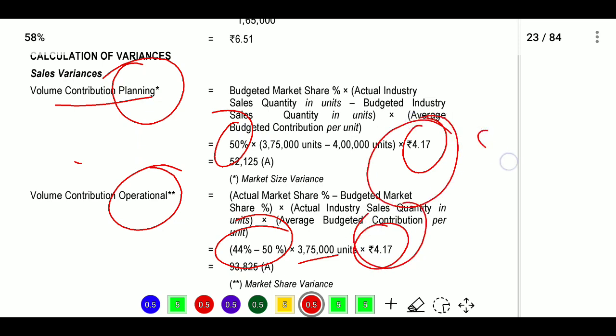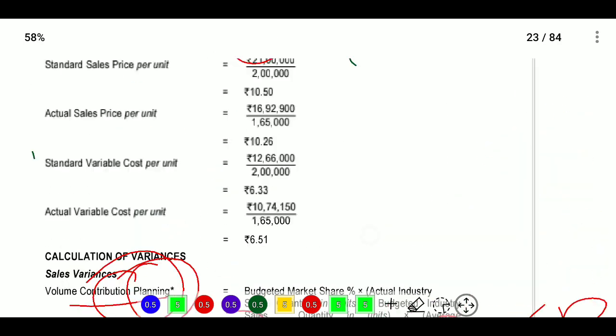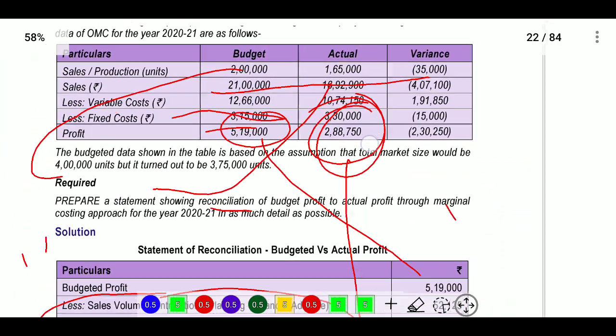Always we will take the standard price, and we will take the actual quantity here. When you are doing the operational, we will take the direct operational units. And where you are calculating contribution planning, you will need to provide 3,75,000 minus 4 lakhs, that is this 3 lakhs.